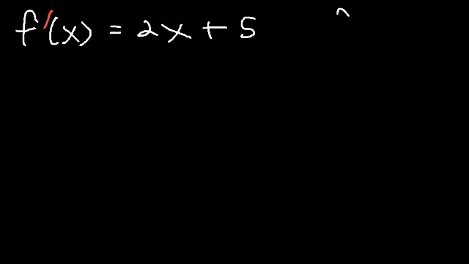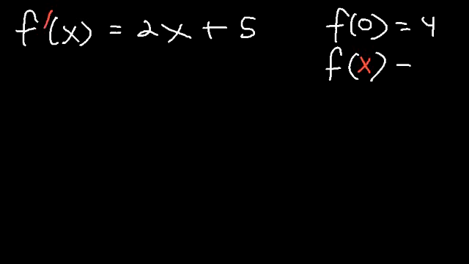Sometimes you might see problems known as initial condition problems. For example, let's say f prime of x is 2x plus 5, and f of 0 is equal to 4. With this information, you could find f of x. If you're given an initial value or point, you need to use that point to find the value of c.